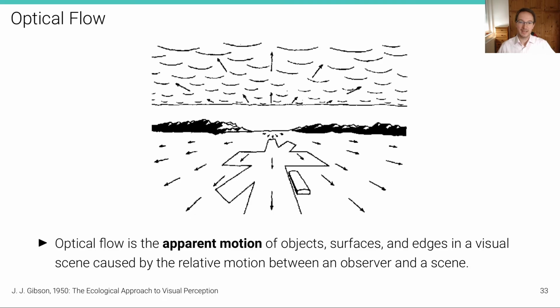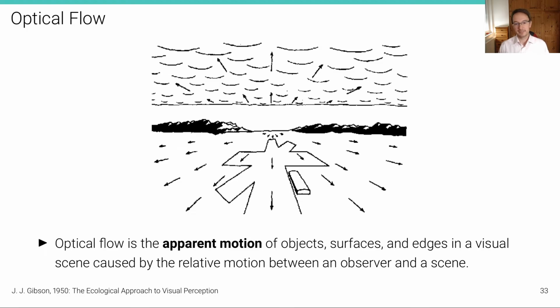So these little arrows that you can see here indicate how much a particular pixel moves. And in this scene, where we have this pilot landing an airplane on this airfield, you can see that there is a point of expansion where the arrows are very small, and points that are very near the observer are larger than points that are further away, right?